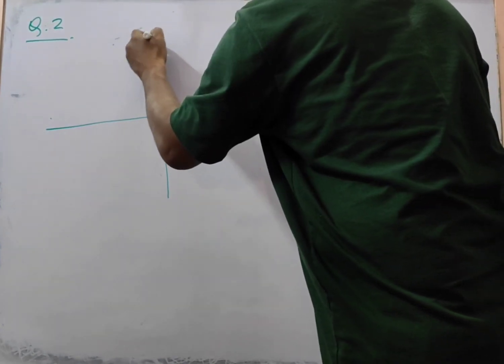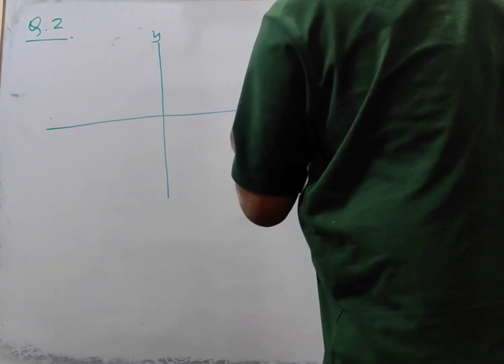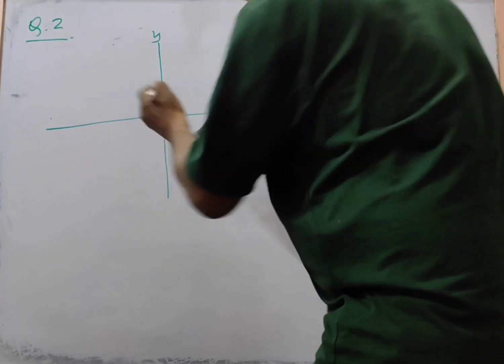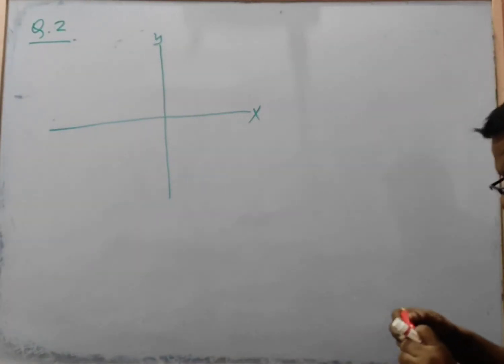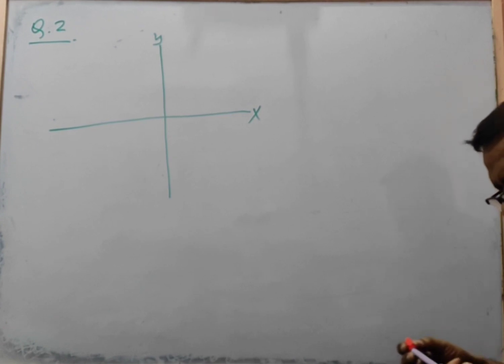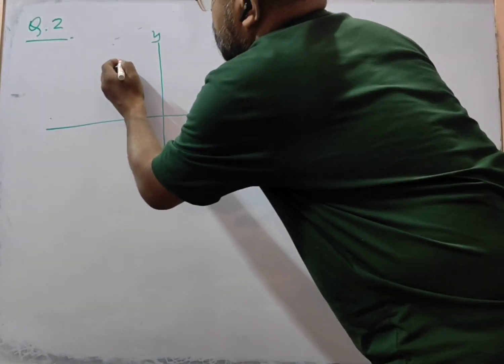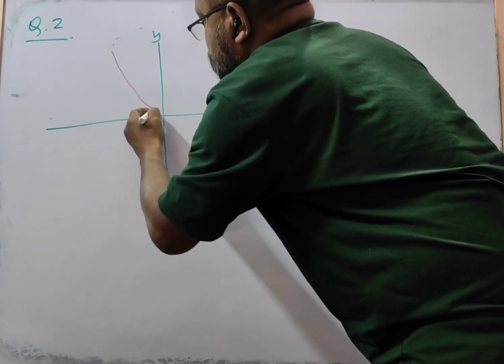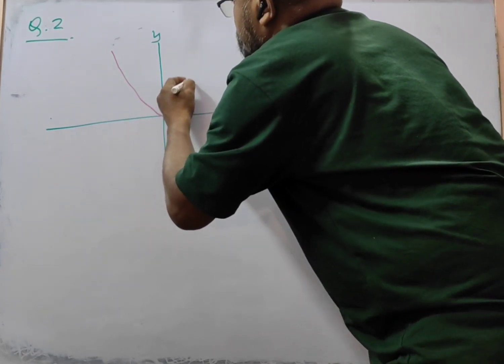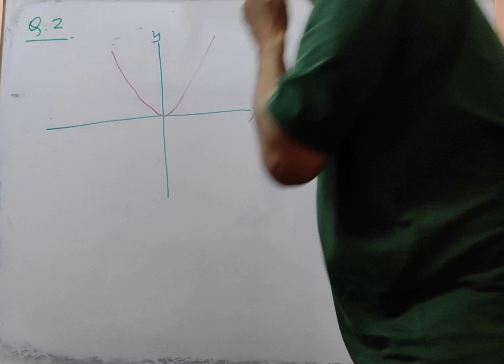This is y, this is x, and there is a parabola. So there is a parabola like this, which is passing through origin like this, right?